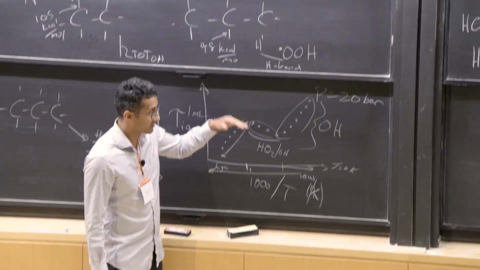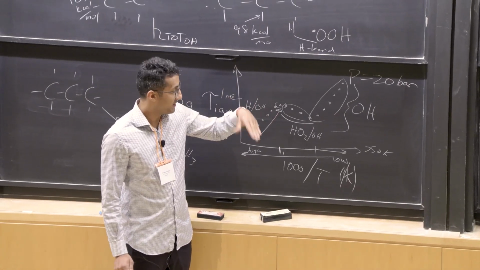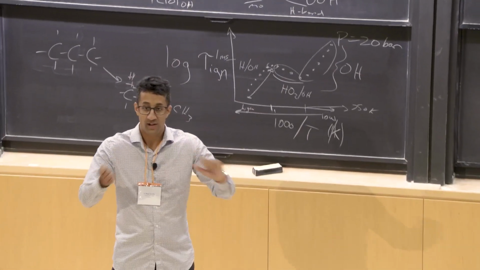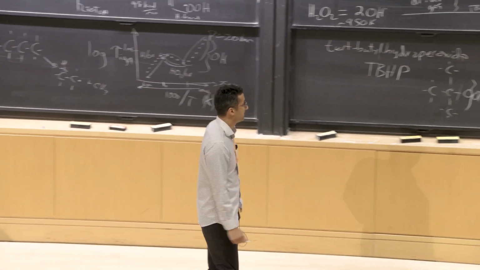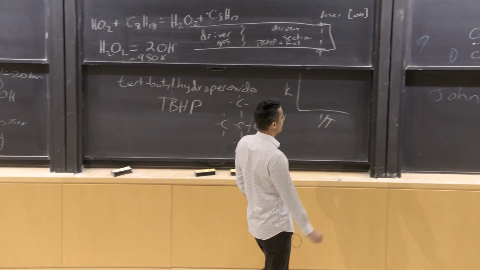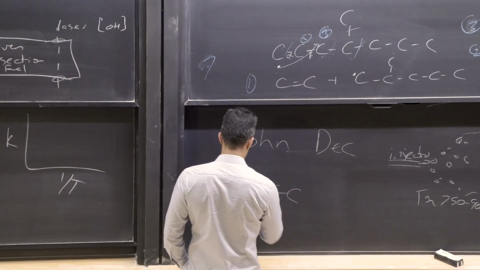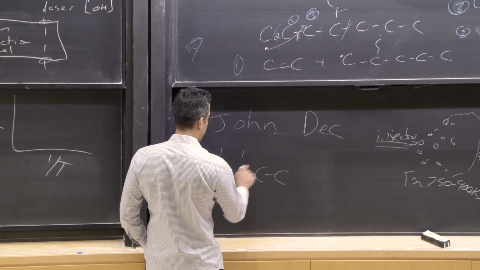But alkyl radicals can be formed before that. And in this intermediate temperature regime, they can start isomerizing. And isomerizing just means that a hydrogen from one place in the molecule moves to another place.